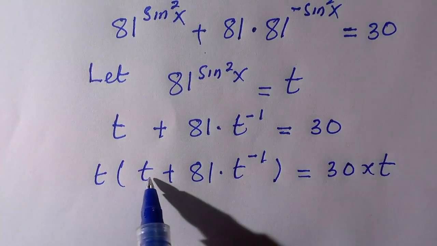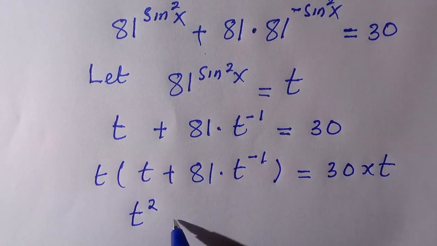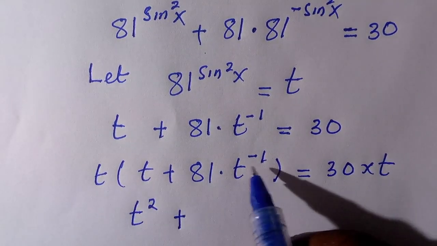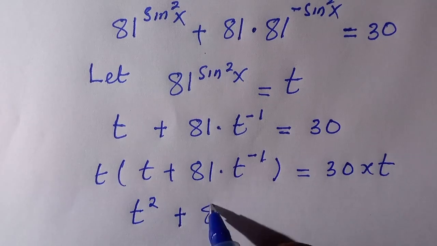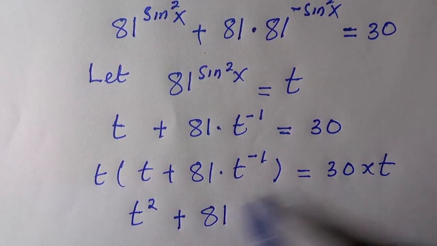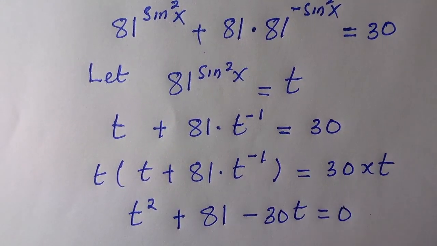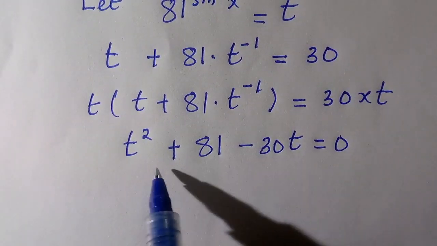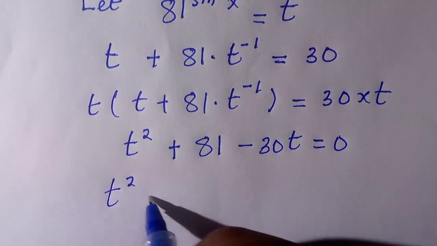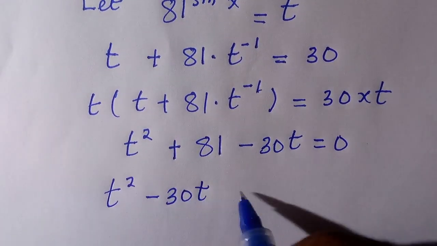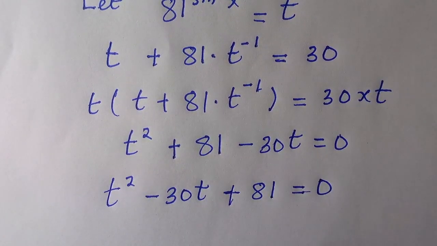So t multiplied by t here, we are going to have t squared plus, when t multiplied by t to the power of minus 1, everything becomes 1, and we have 1 multiplied by 81, which is 81. So when we take this one here, we have minus 30t equals 0. And next we are going to do the rearrangement here. When we rearrange this, we have t squared minus 30t plus 81 equals 0.